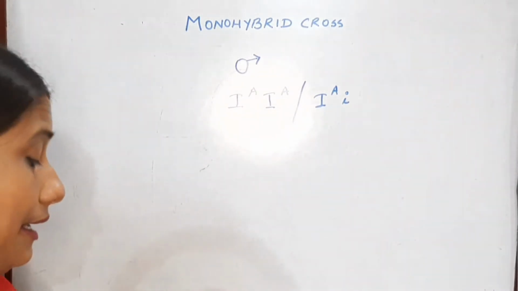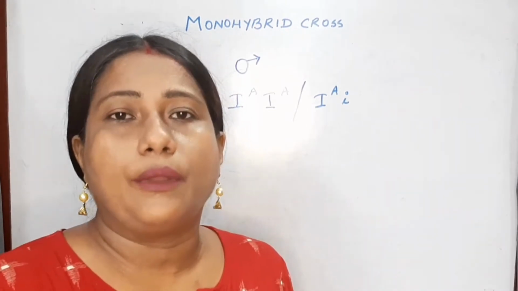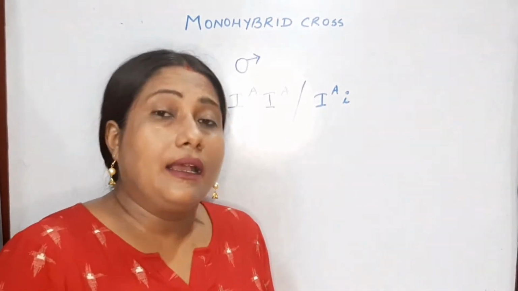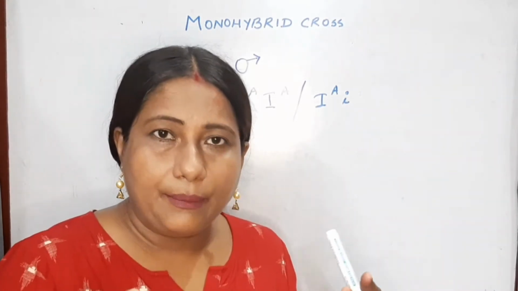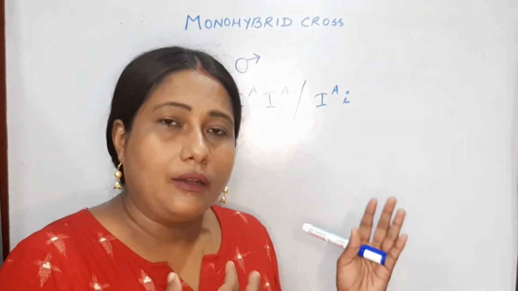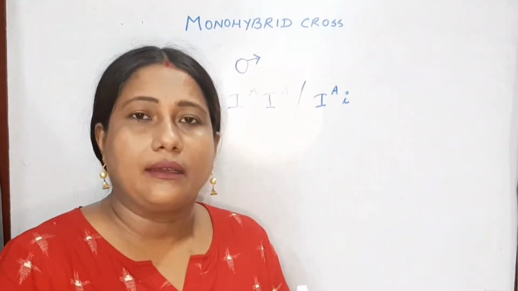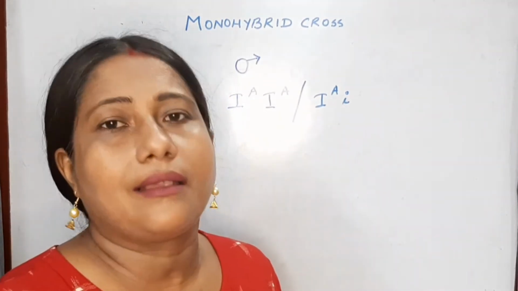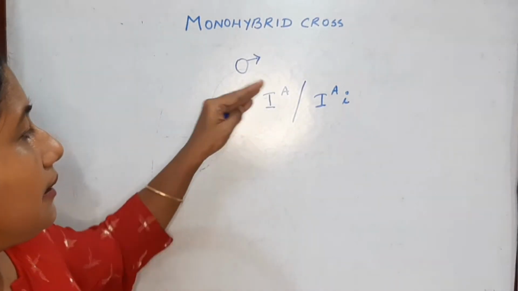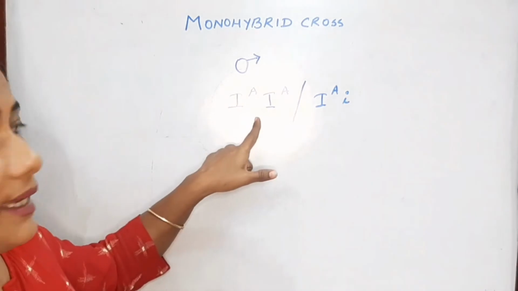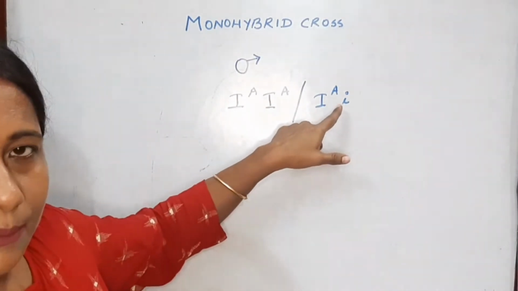Here you see one very important thing. AB blood group is codominance. Codominance means here A as well as B both are dominant. They can be put together as dominant. Neither A nor B dominates the other, which means they both together can act as dominant. So they are codominant. So here the man can be IA, that means homozygous A blood group, or heterozygous A blood group.